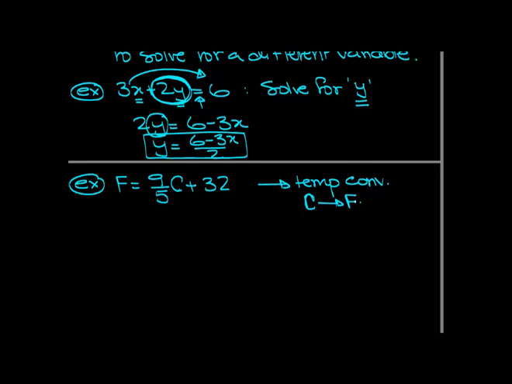So for example, if you're living in Canada, usually the temperature is given in Celsius and you want to convert it to Fahrenheit, we would use this formula. Okay, but what if we want to do the other way around? What if you want to convert the temperature from Fahrenheit to Celsius? Our goal is we want to solve now for C. I want to rearrange this formula so I can find C given F.